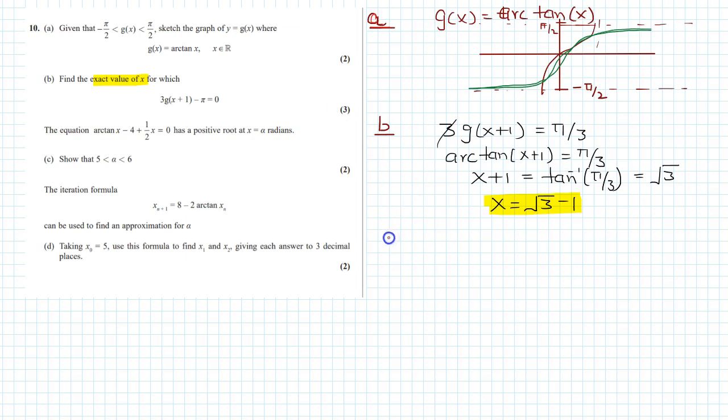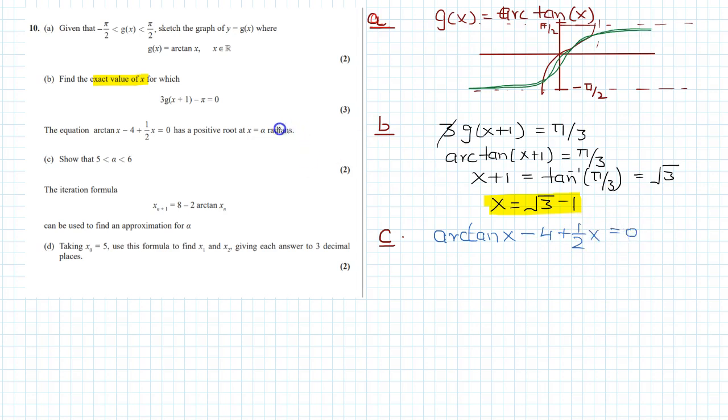Part C. The equation is arctan x minus 4 plus half x is equal to 0.